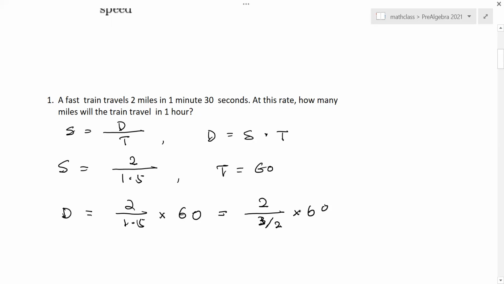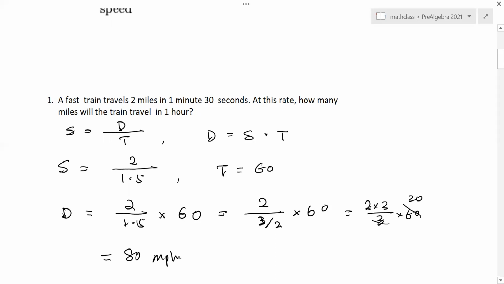So then you turn this upside down: it is 2 times 2 divided by 3 times 60. Then you simplify it, and it's going to be 80. So 80 miles per hour. That is 20, and then 20 times 2 times 2 is 80.